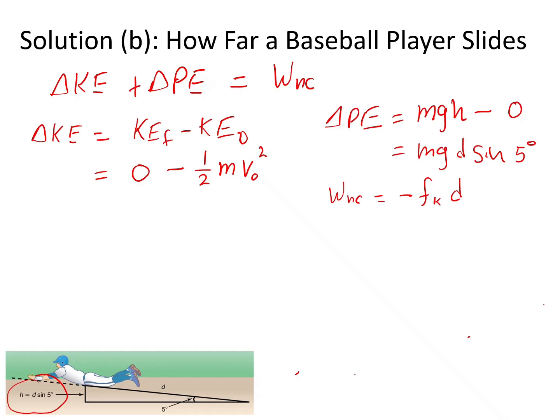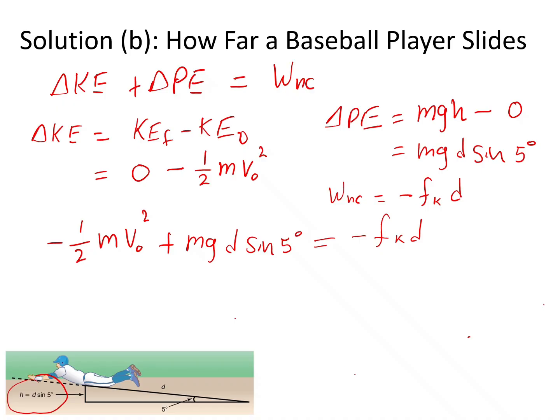Now we can put this together in our work energy theorem equation. So we get delta KE, which is negative half m v naught squared, plus delta PE, which is m g d sine 5 degrees, and that is equal to negative Fk d.